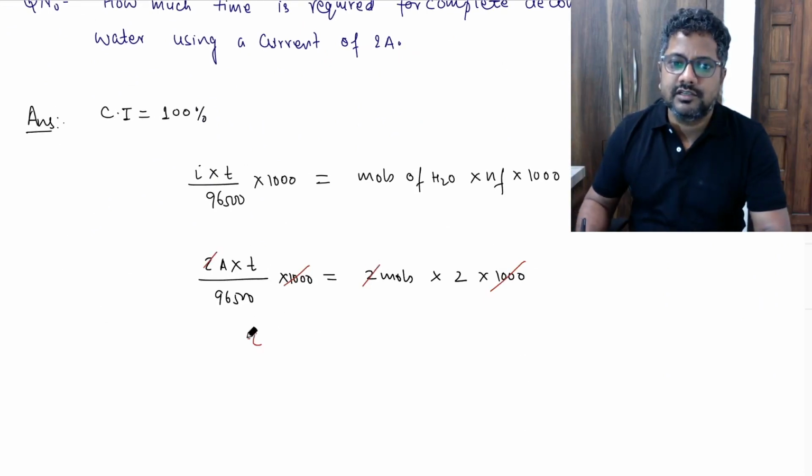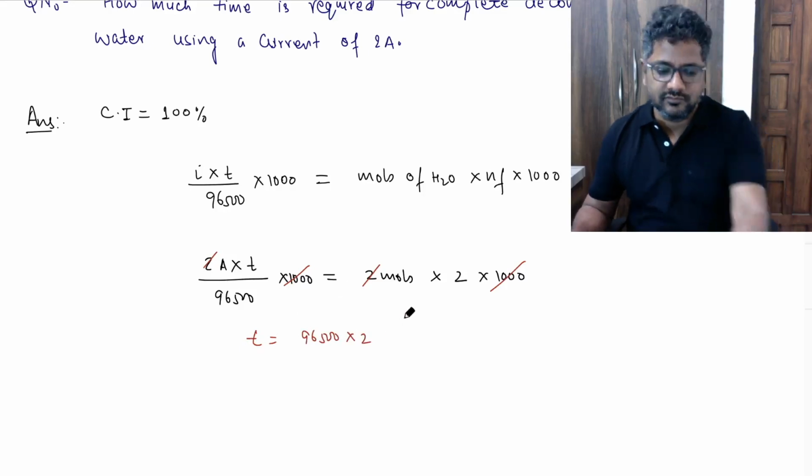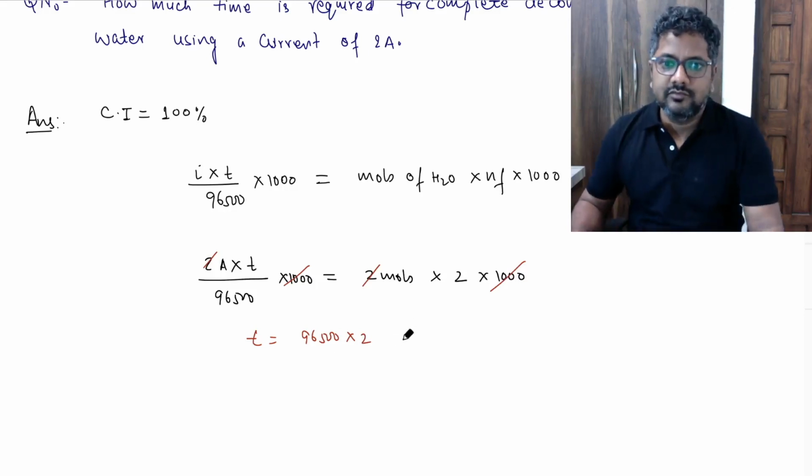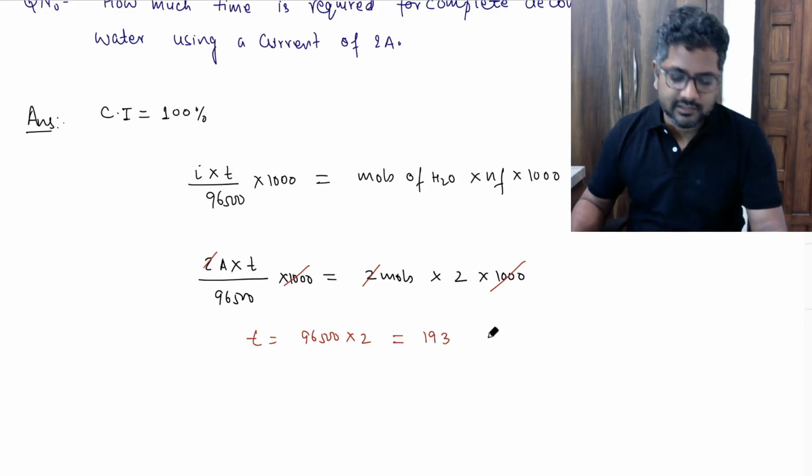So T is equal to, this is ampere, so you always get this in seconds. So be careful about the unit. T is equal to 96500 into 2, which is equal to 193,000 seconds.